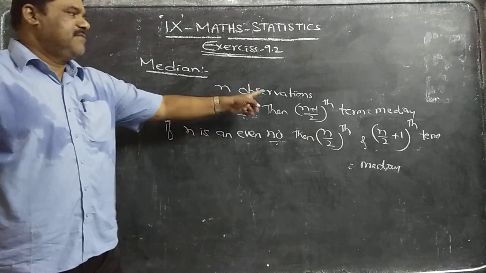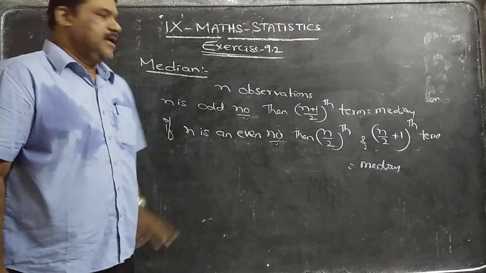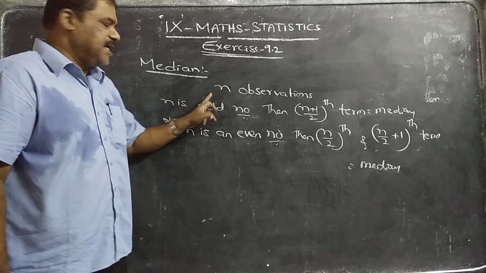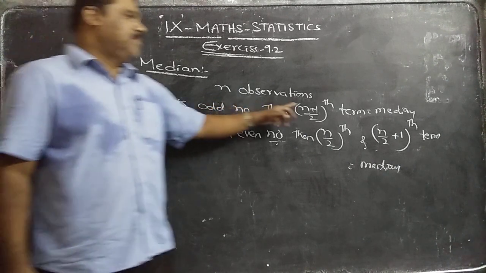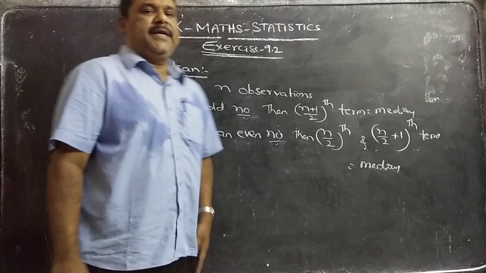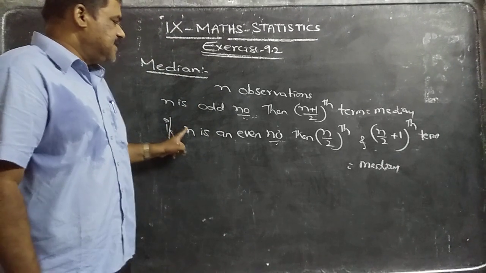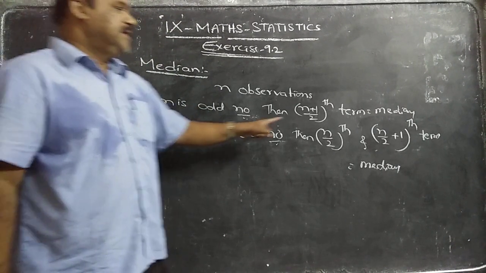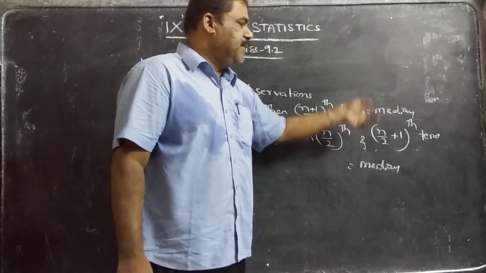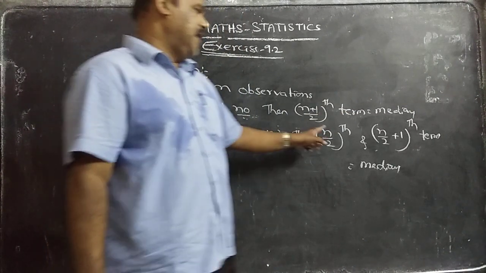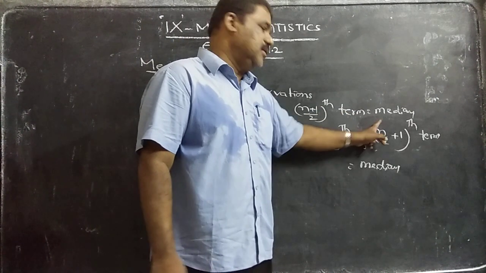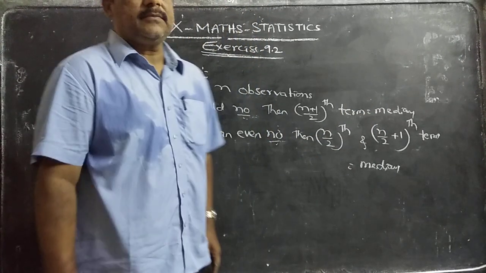There are n observations in a given data. If n is an odd number, then the (n plus 1) by 2th term is called the median. If n is an even number, then you should take the n by 2th term and the n by 2 plus 1th term, and the average of these two terms is called the median.